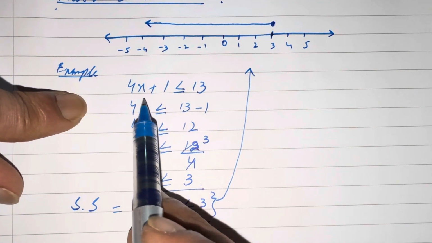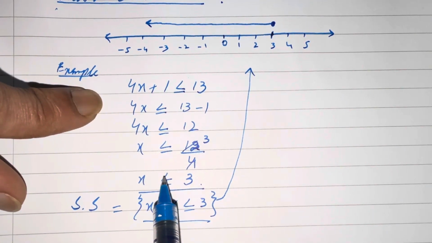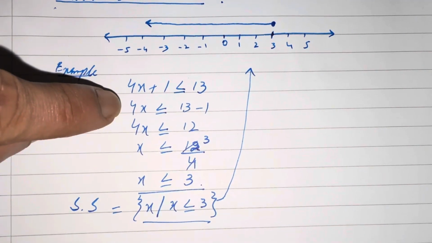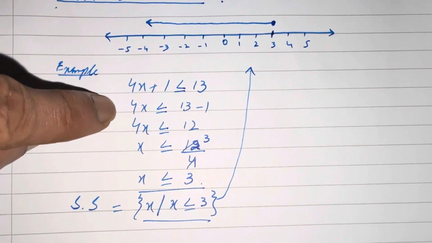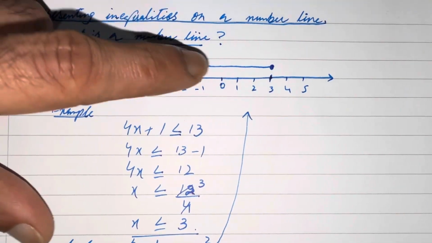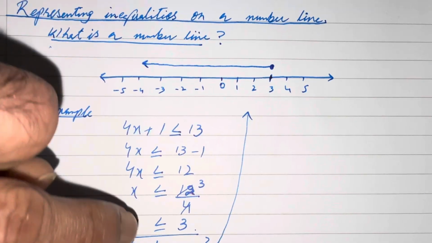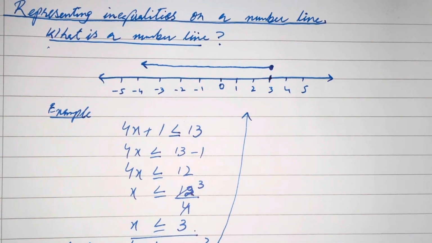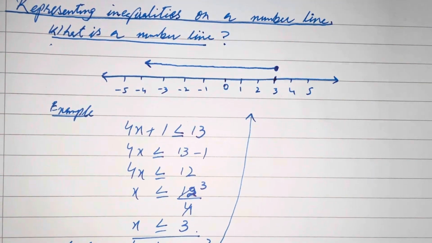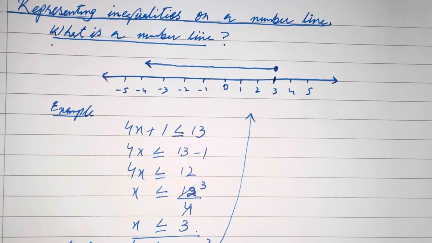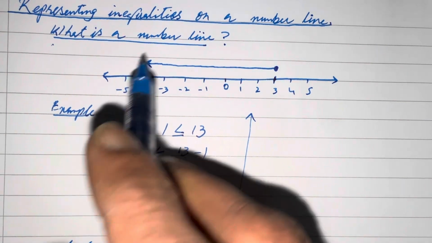So that's how we have solved this linear inequality and found the solution set, and we have represented this solution set on the number line. That's how we can represent these linear inequalities on the number line.